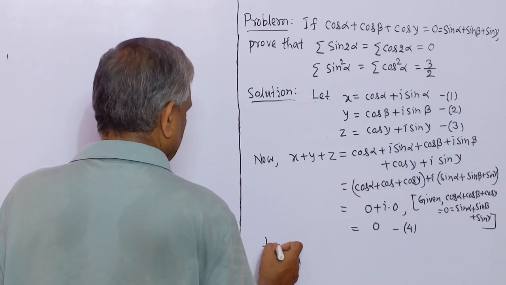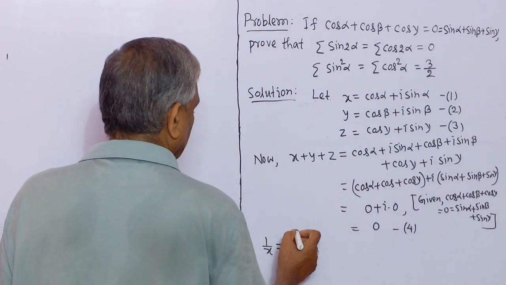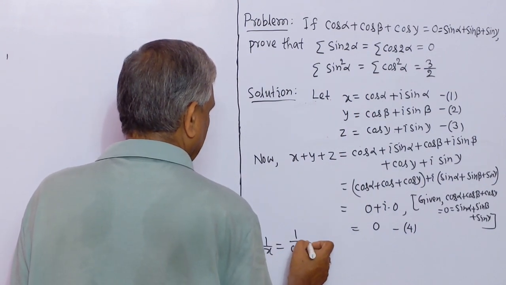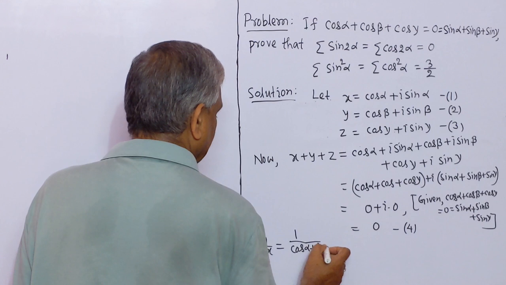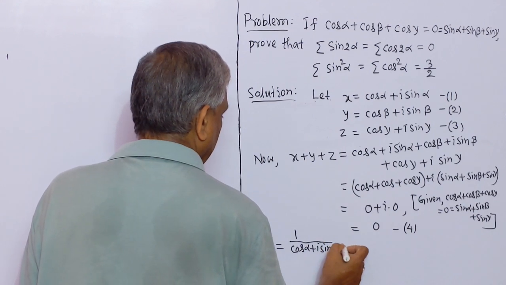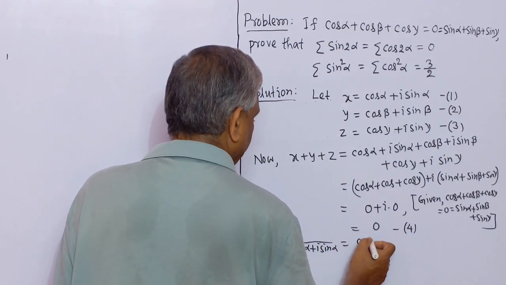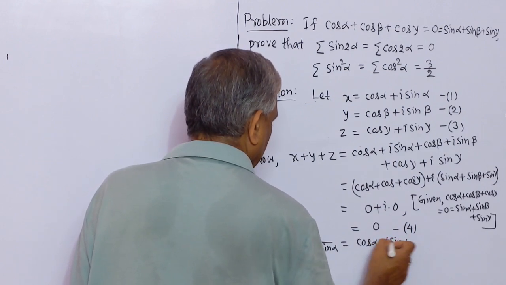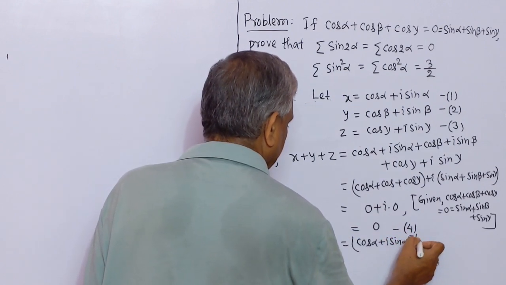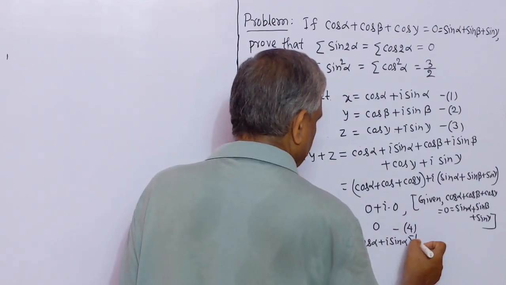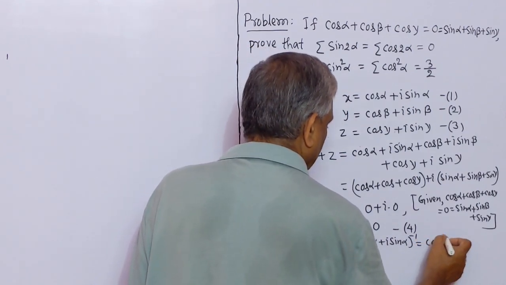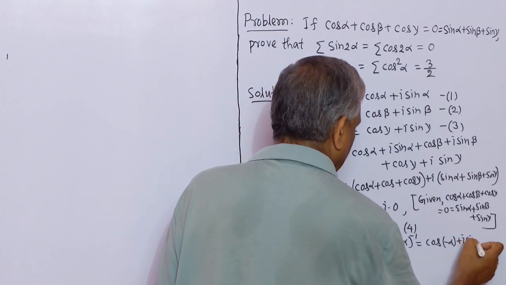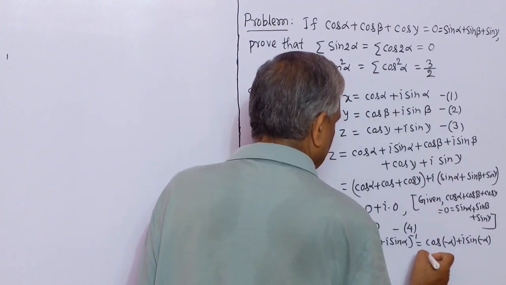1 by x equal to 1 by cos alpha plus I sin alpha. This is equal to cos alpha plus I sin alpha whole to the power minus 1. This is equal to cos minus alpha plus I sin minus alpha.